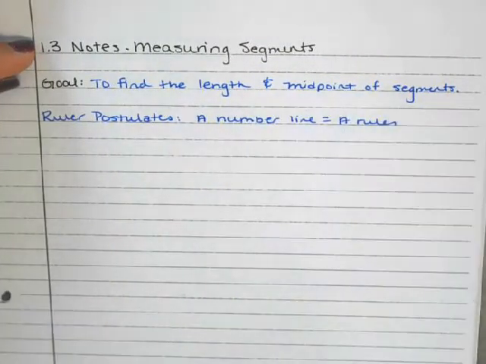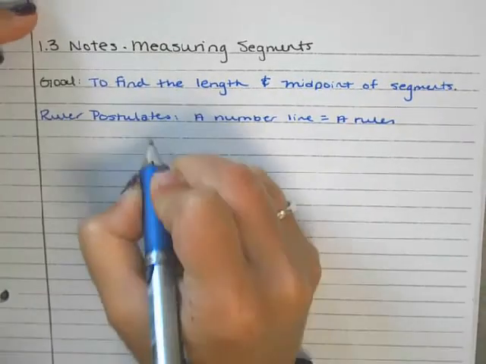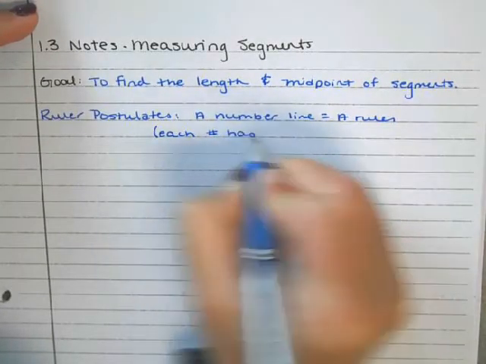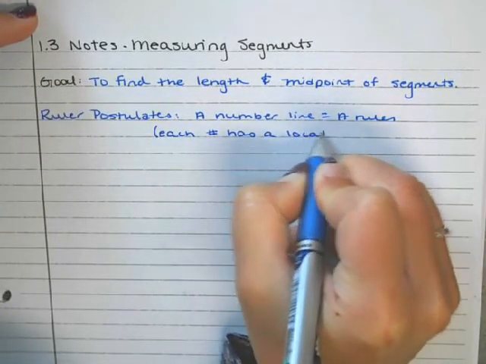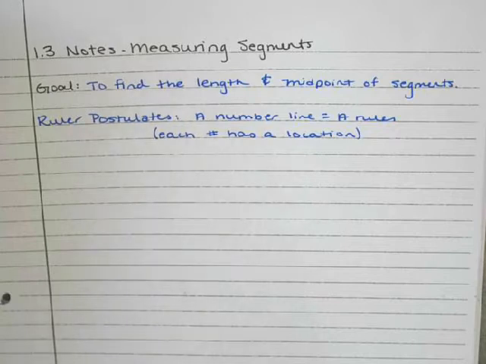What it means by that is that each number has a location, and since each number has a location, you can calculate the distance in between two numbers.